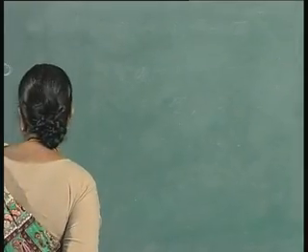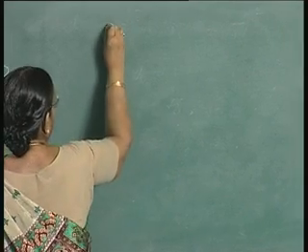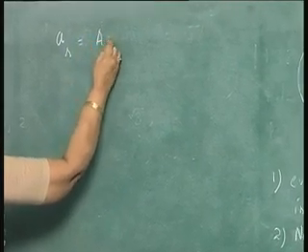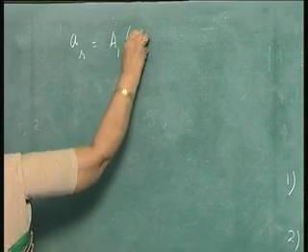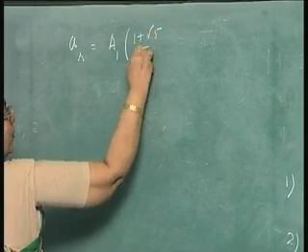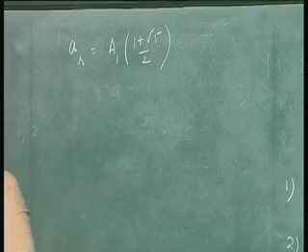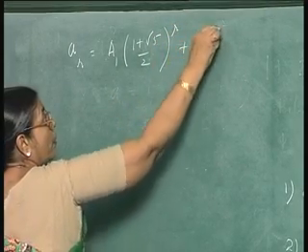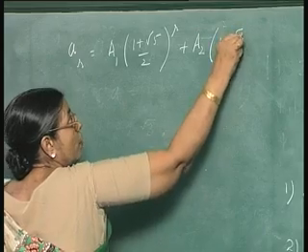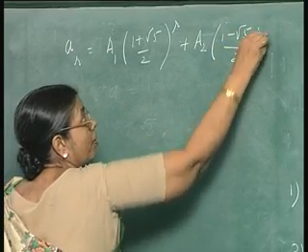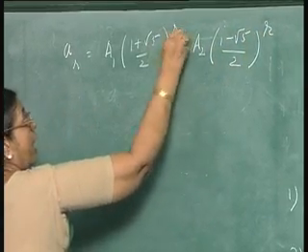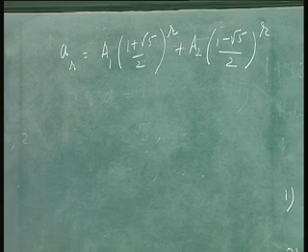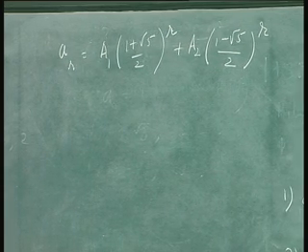So, the solution for this is a_r = A1 ((1 + root 5)/2)^r + A2 ((1 - root 5)/2)^r, and A1 and A2 have to be determined from the boundary conditions.